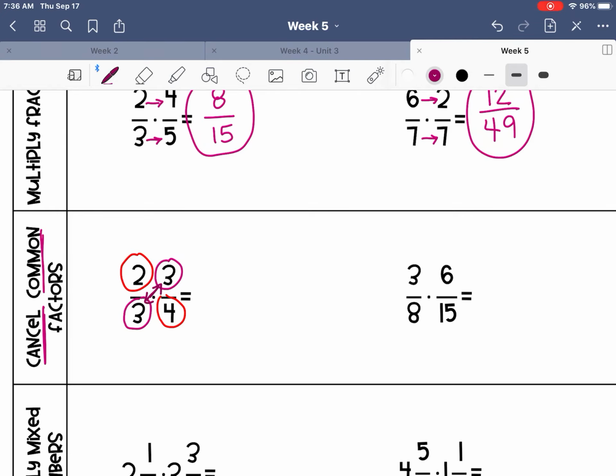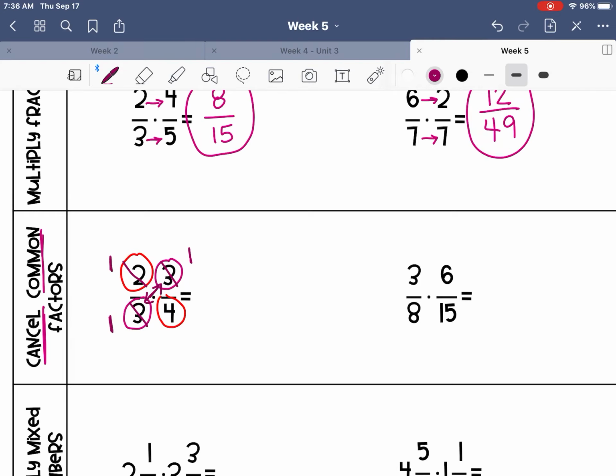So 3 has itself as a common factor. What is 3 divided by 3? Oh, it's 1. I can cancel that 3 out and it becomes a 1. Alright? And I can cancel this 3 out and it becomes a 1. Now look at 2 and 4. 2 and 4 have a common factor of 2. So I can divide them both by 2 and simplify this fraction before I even multiply it.